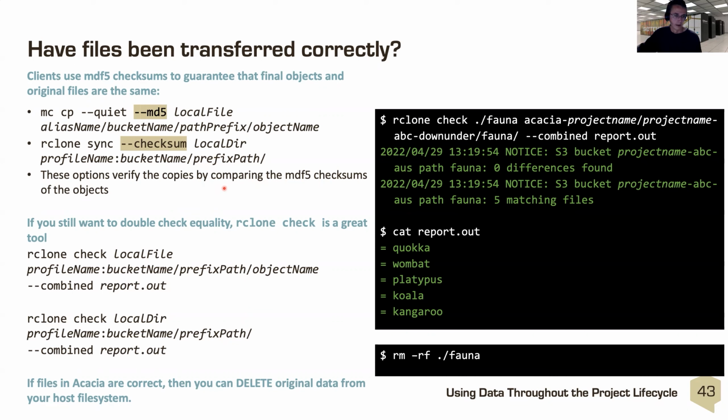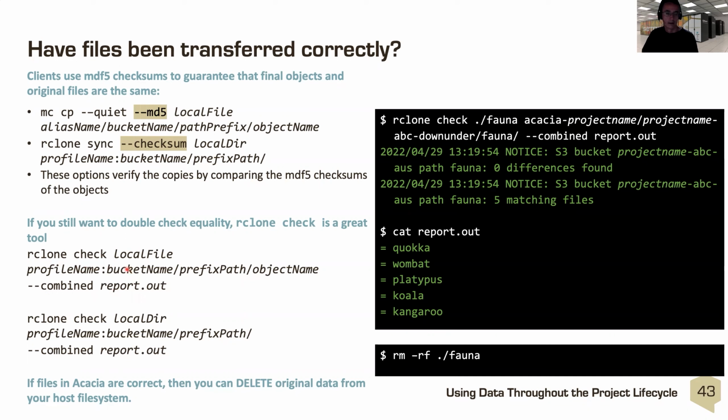But what we recommend is to do it yourself, remove your data from scratch or from your group after it has been copied to Acacia without receiving any error message from the copy commands. But still, if you want to check if it is exactly the same, you can use the check command of rclone, and this will give you a report.